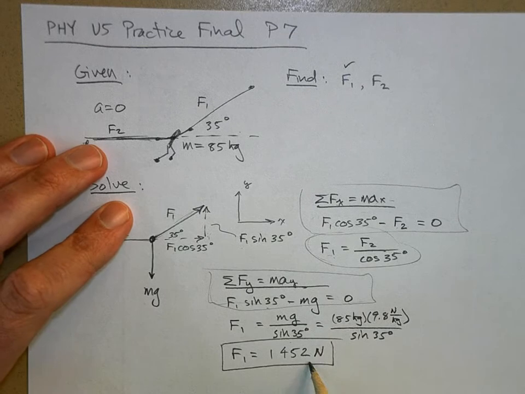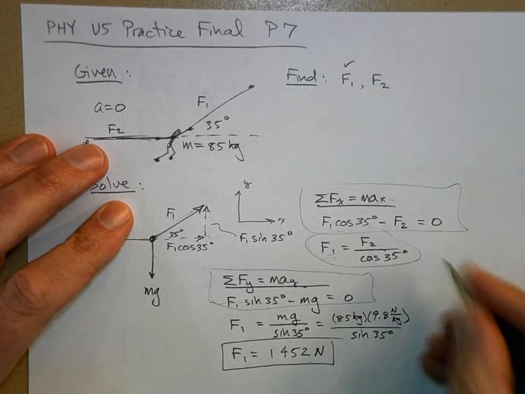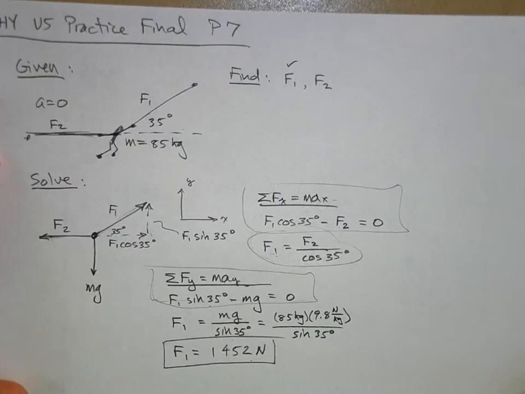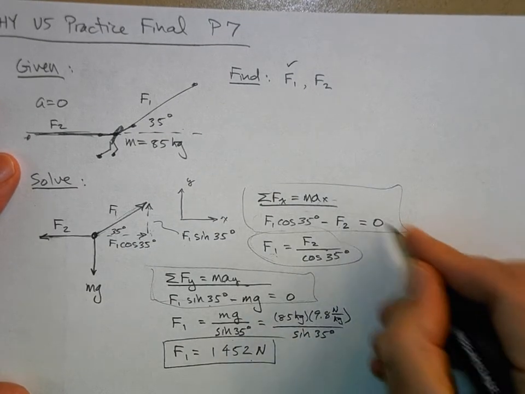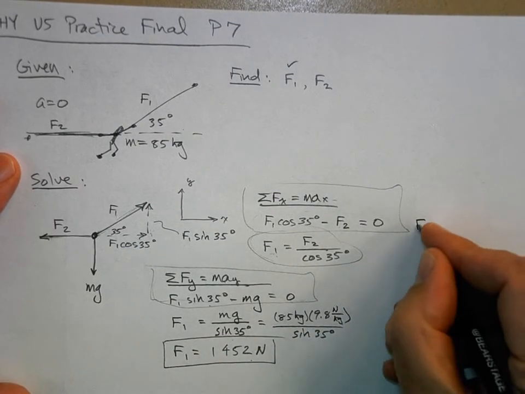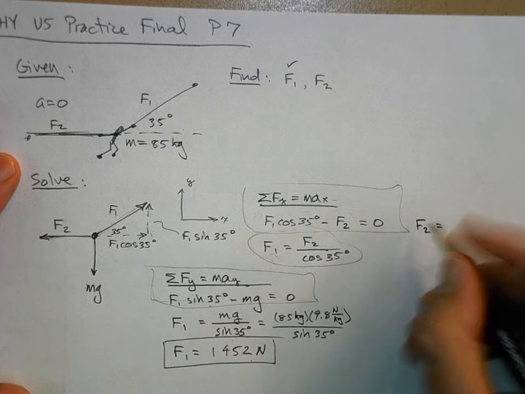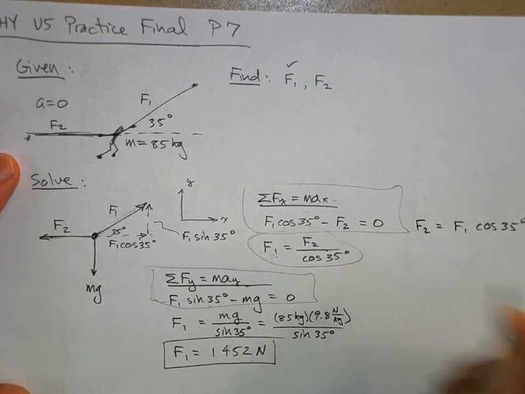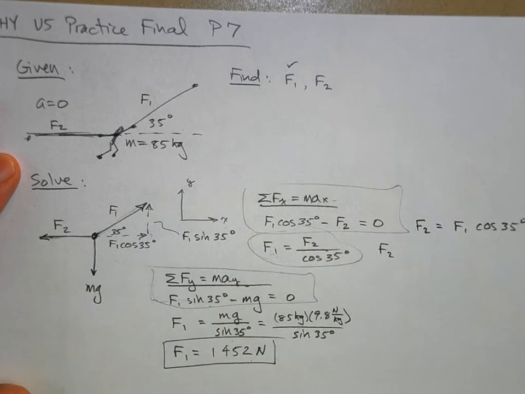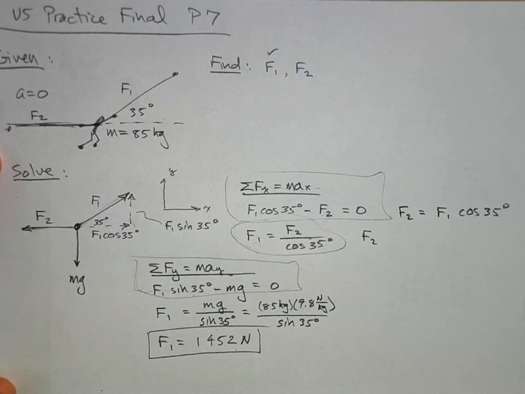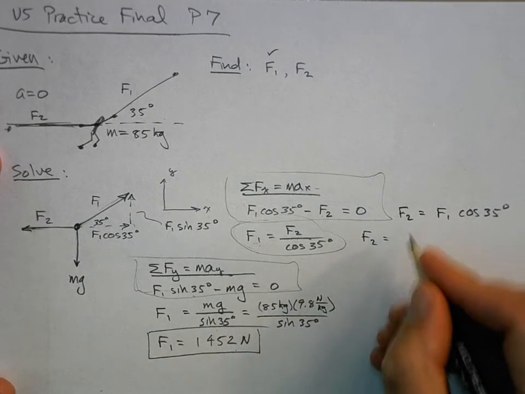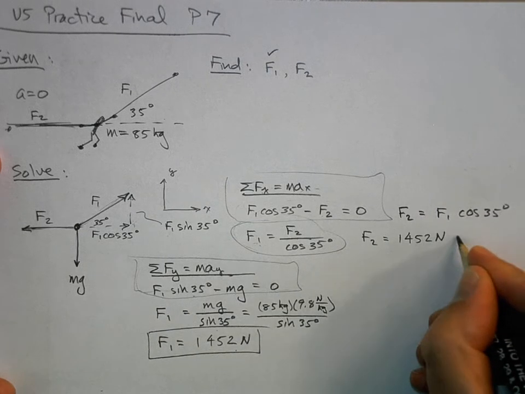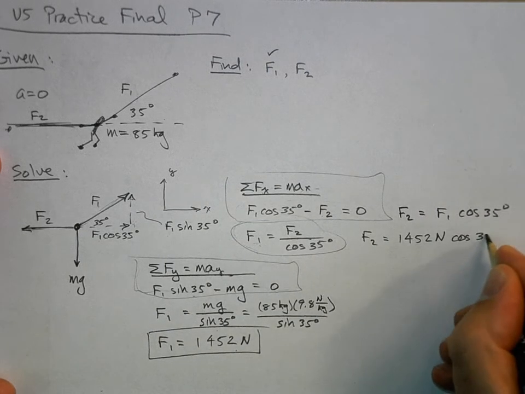Now F2, well, I can solve for F2. I can go back up here. And I really should have taken this and solved it for F2. F2 is equal to F1 cosine 35 degrees. So F2 equals F1, which is 1,452 newtons, times the cosine of 35 degrees.